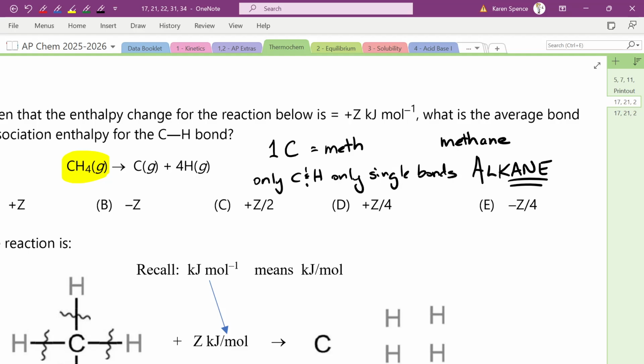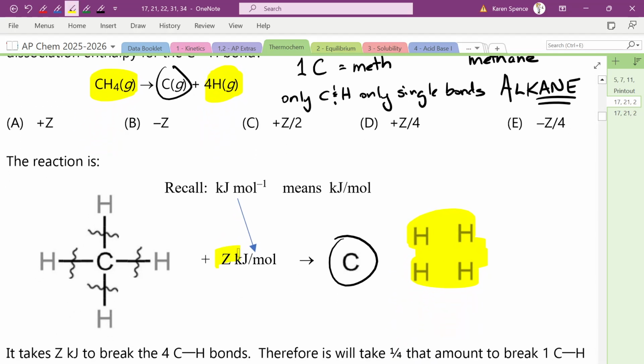So we have CH4, and in order to break that into a single carbon and 4 hydrogens, we have to put in Z kilojoules of energy.